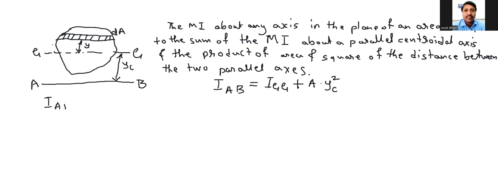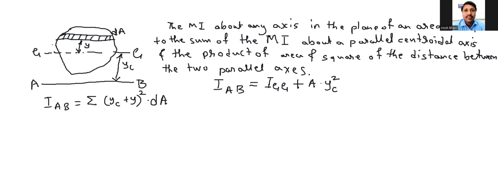Moment of inertia about AB is, according to the moment of inertia definition, the summation of the area times the square of its distance from the reference axis. What is the total distance of dA from AB? It is YC plus y. So IAB is equal to the summation of (YC plus y) square into dA.